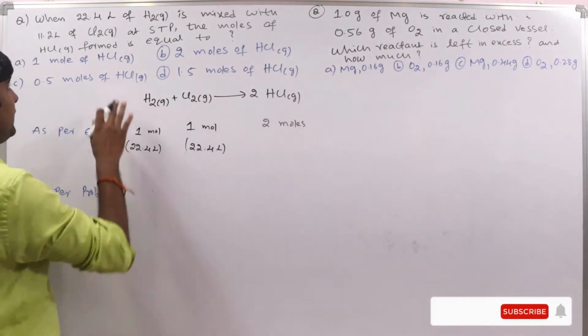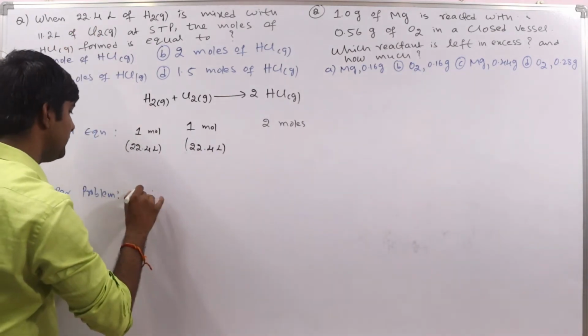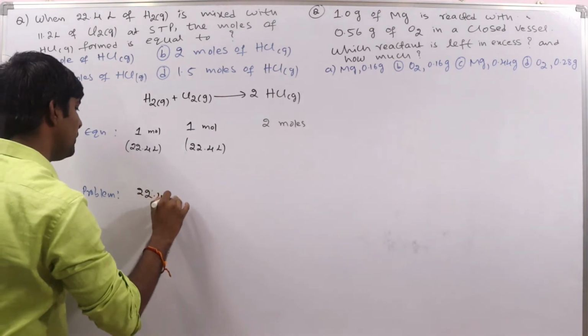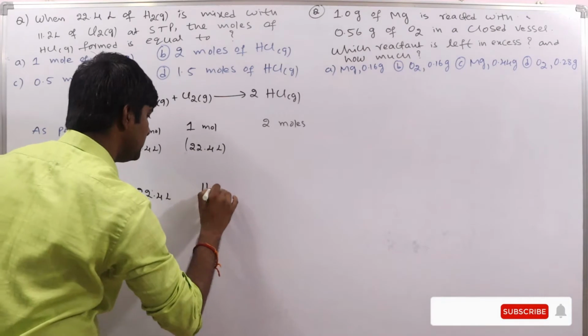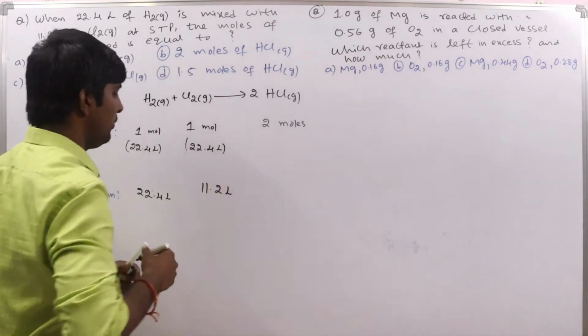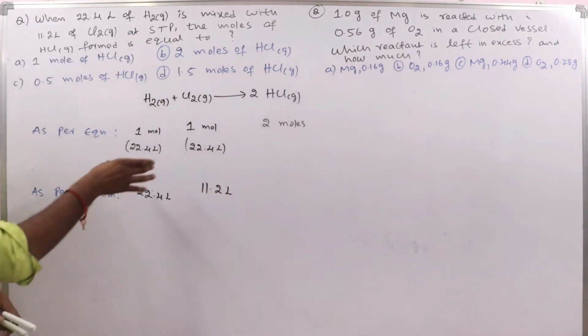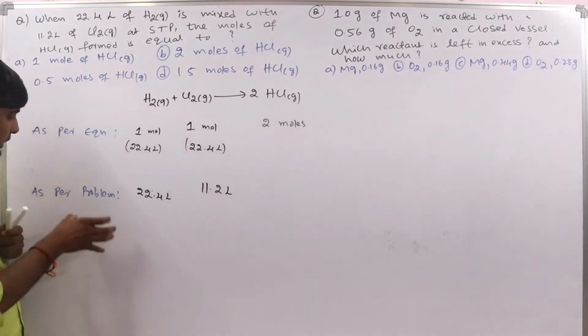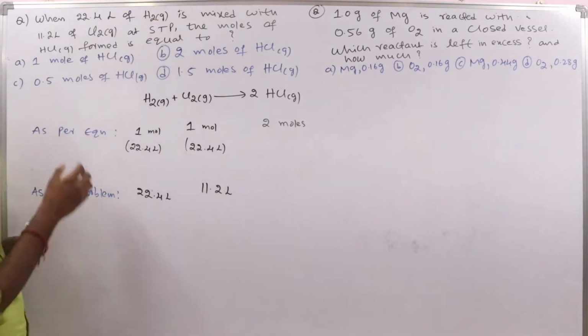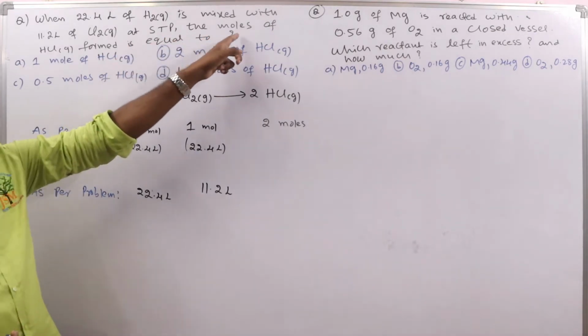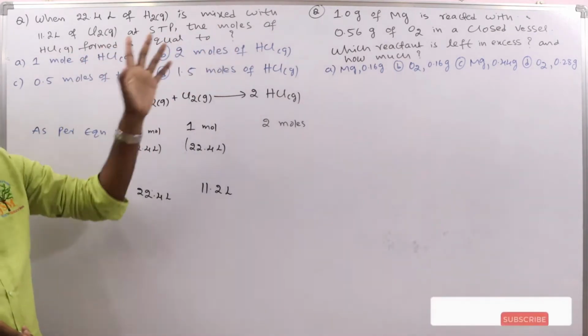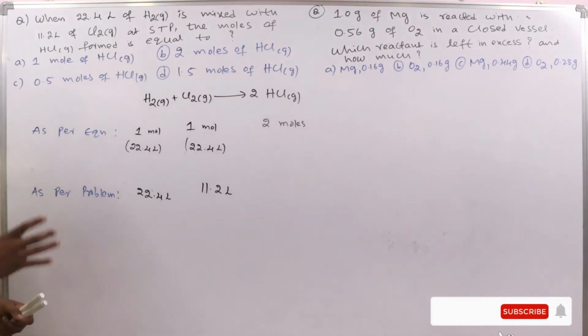Now, as per the problem, how many liters of hydrogen is given? 22.4 liter, and chlorine is given as just 11.2 liter only. So this is according to the equation, and this is according to the given information in the problem. What we have to identify is how many moles of HCl are formed.